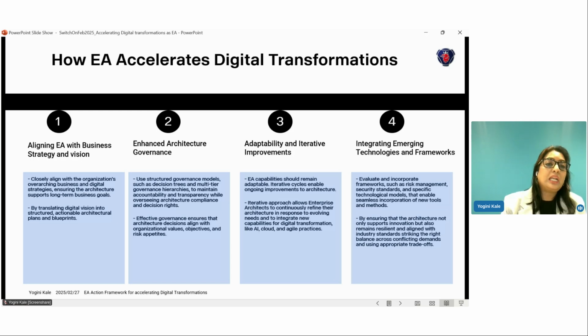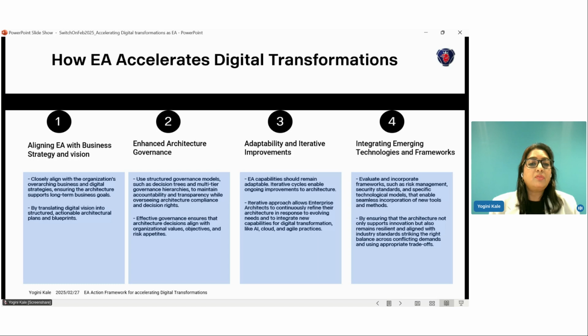So essentially aligning all the work that you do from the enterprise architecture perspective with the business strategy and the vision that you have ahead for transformation. And the second aspect is enhancing the architecture governance within your organization.